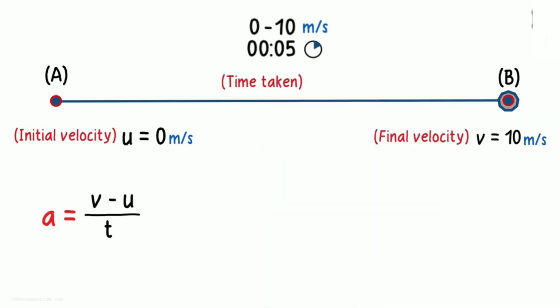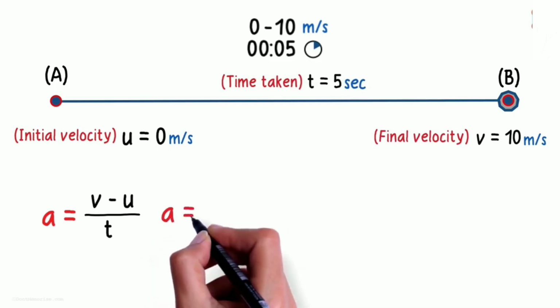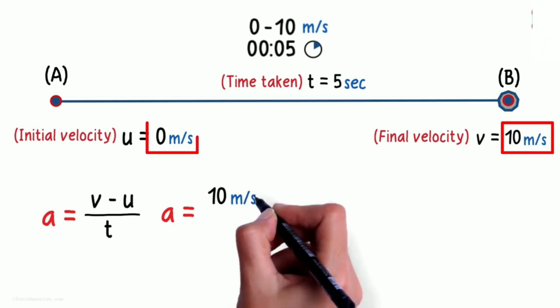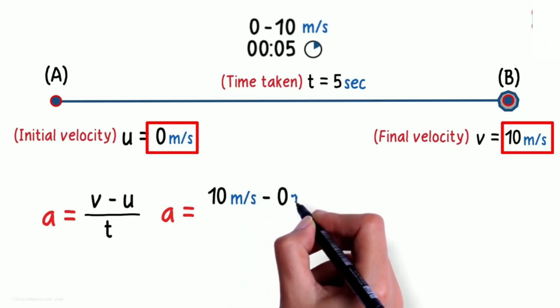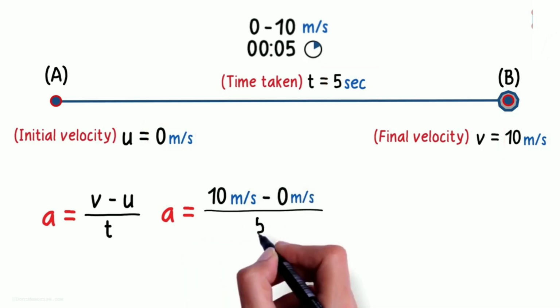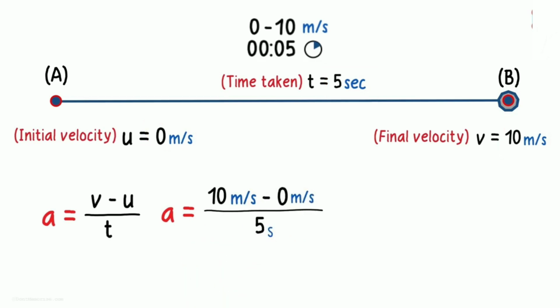At B, its velocity is 10 meter per second. The time taken by the object is 5 seconds. When we apply each value in our equation, we obtain 10 meter per second minus 0 meter per second divided by the time taken, 5 seconds.